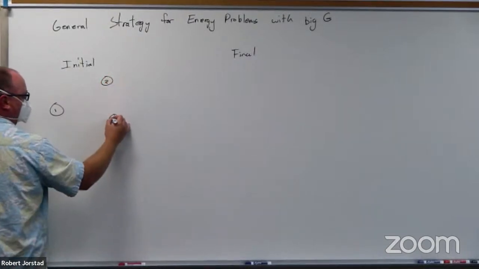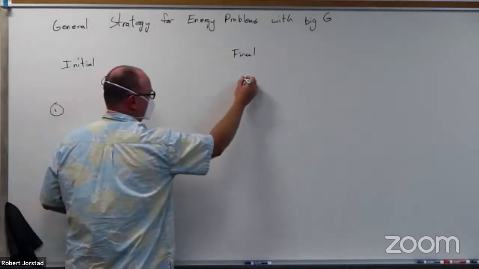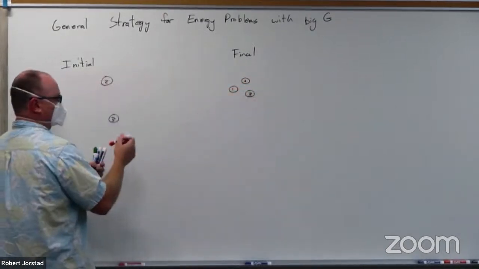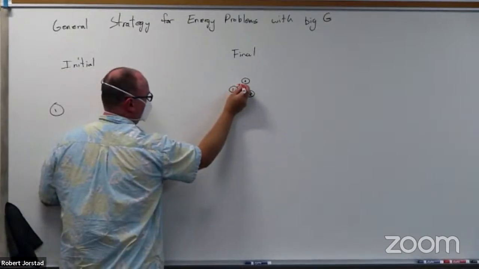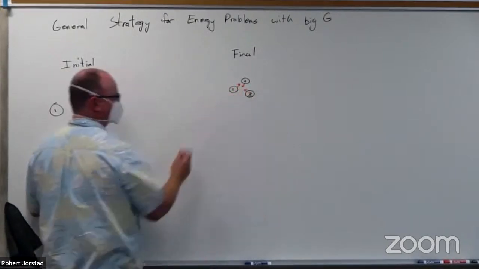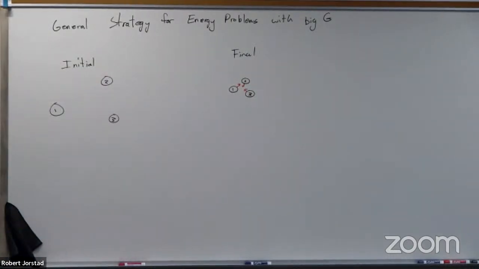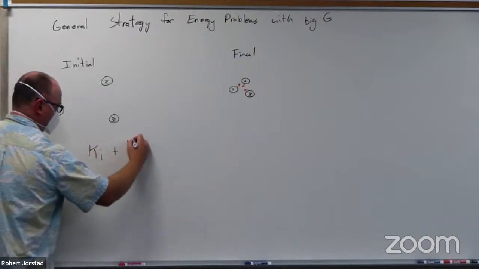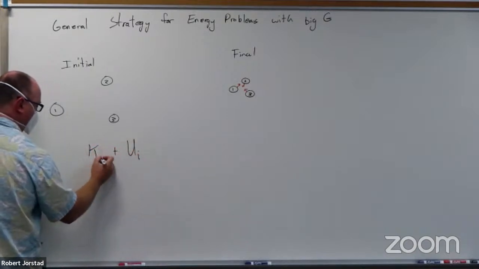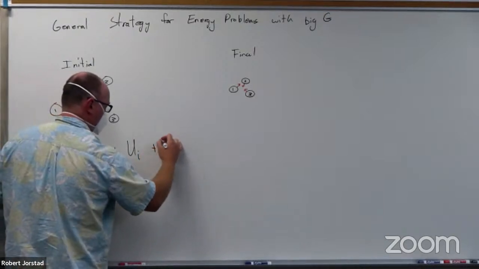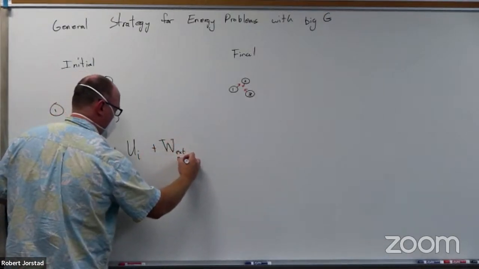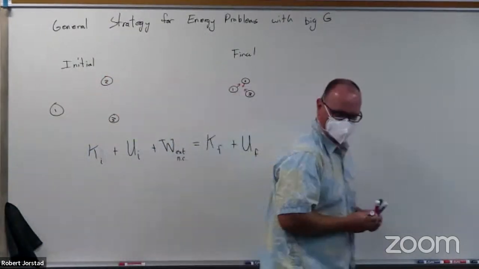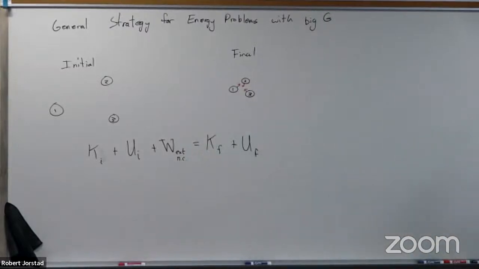Maybe there's three masses here, right? And maybe they start coming together. Maybe in the final state, they're all moving. Okay? And what you could do is you could write K initial plus U initial plus the work external and non-conservative equals K final plus U final, right?